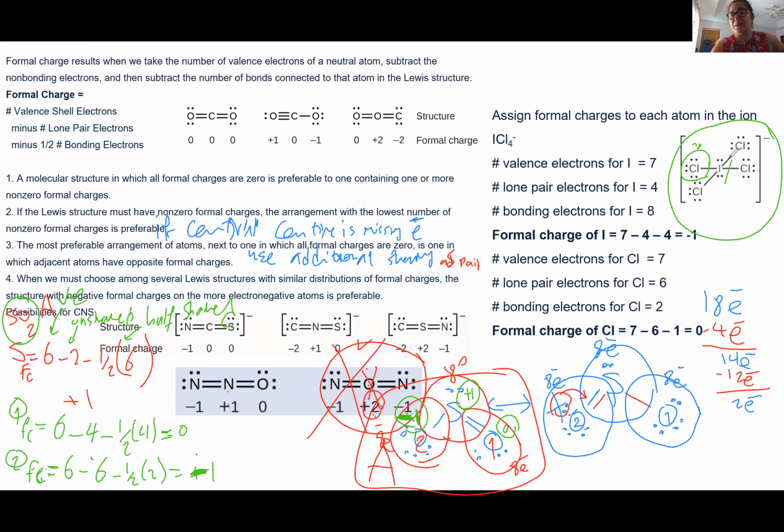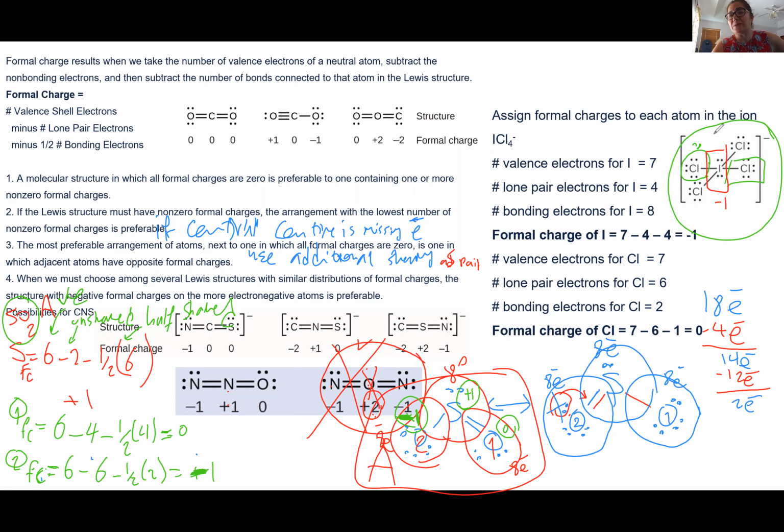That's another way, and that depends on which book you are using. Sometimes you box it, you cut the shared electrons in half, and then these electrons belong to it. You see 7 valence electrons, so it must be 0. Now for iodine, I have 1, 2, 3, 4, 5, 6, 7, 8 electrons, so it would be -1.